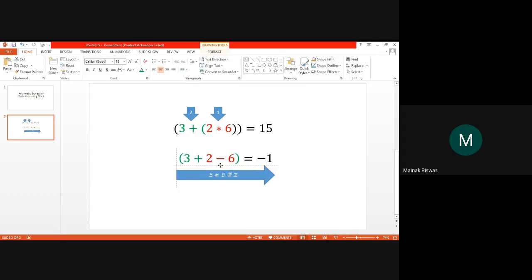In this case, when the priorities are the same, they should be resolved in a left to right procedure. That is addition first, then subtraction. So we have to tell a computer that these things have to be done. This thing has to be informed to the computer. And the computer should know, using this stack operation, how to resolve an arithmetic expression.